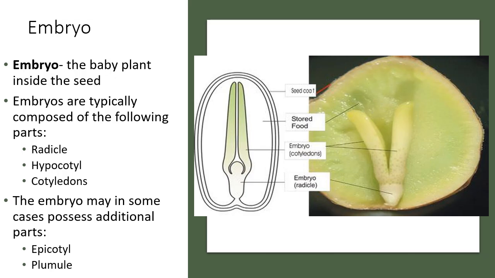So we already have a stem bud, some leaves, and a root inside the seed. And that will allow this embryo to kind of rapidly develop from just an embryo into a plant once it begins to germinate.